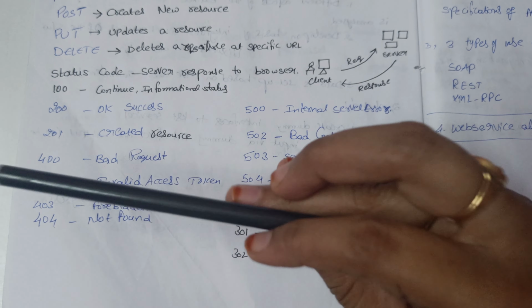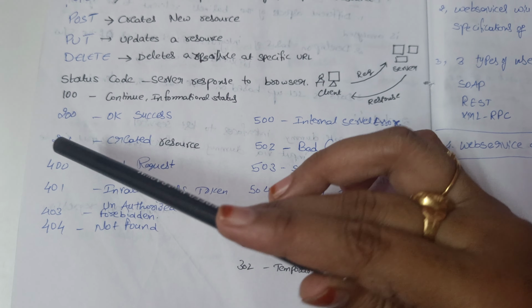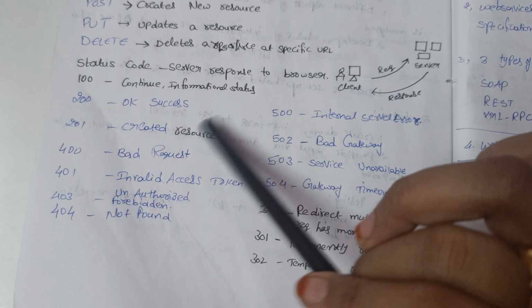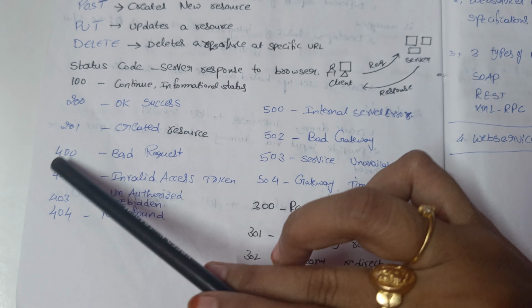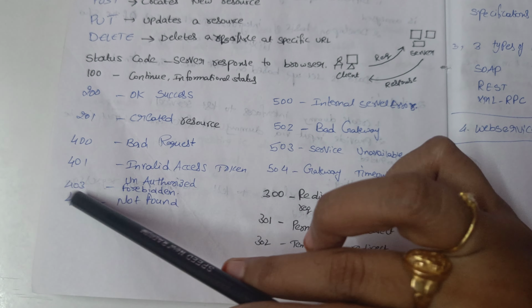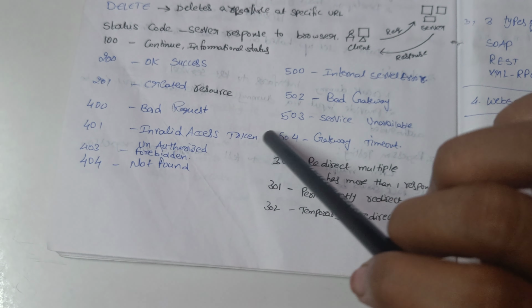We can explain in detail like this: 200 is okay, a success message, 201 is resource created, 400 is bad request, and 401 is invalid access token.